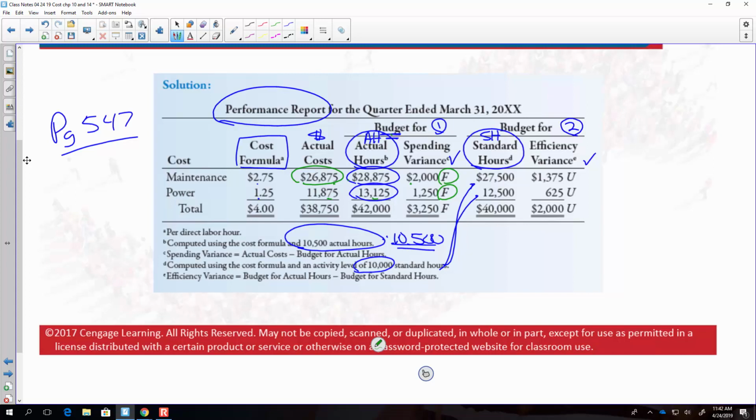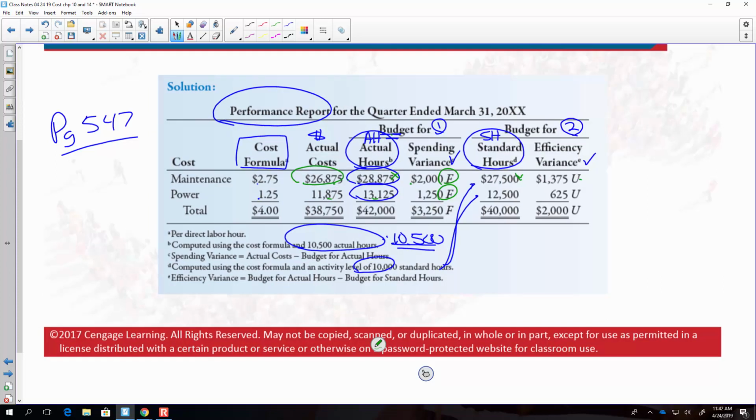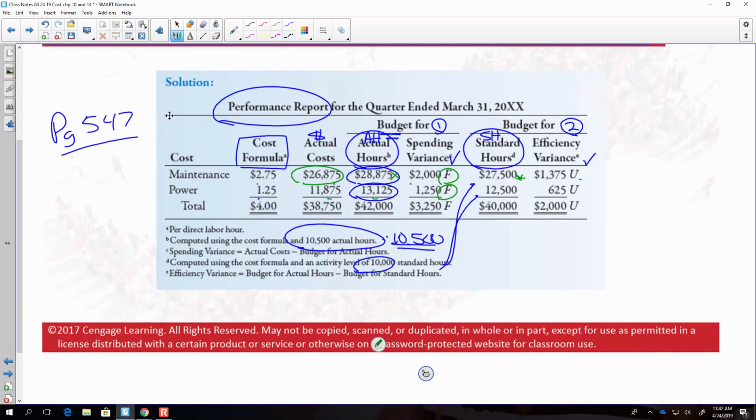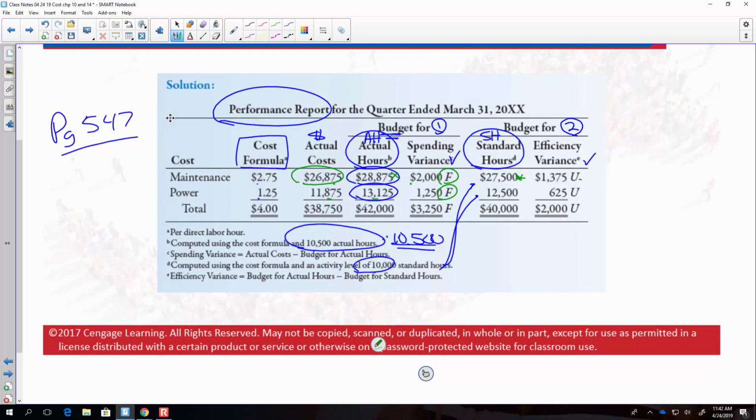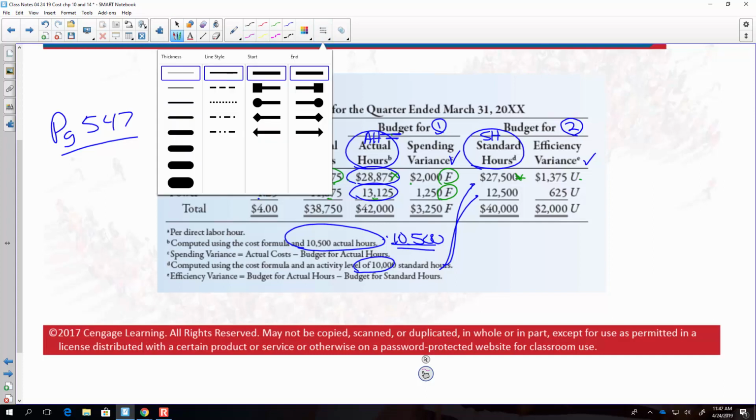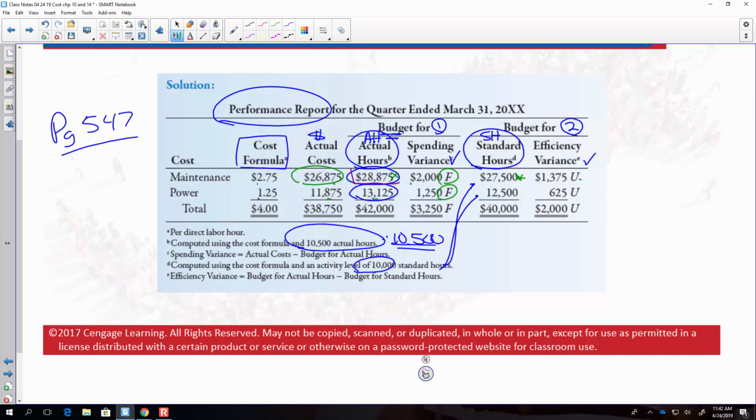To get my efficiency variance, now I'm comparing, oh shoot, the board moved on me. I'm not comparing the actual anymore. Let me do this in purple. To get the efficiency variance, I'm looking now at these two numbers.